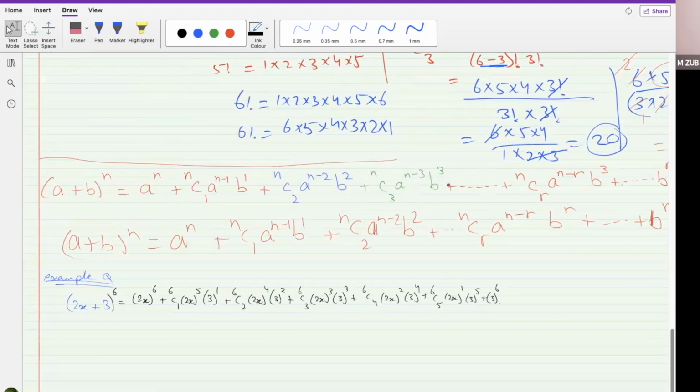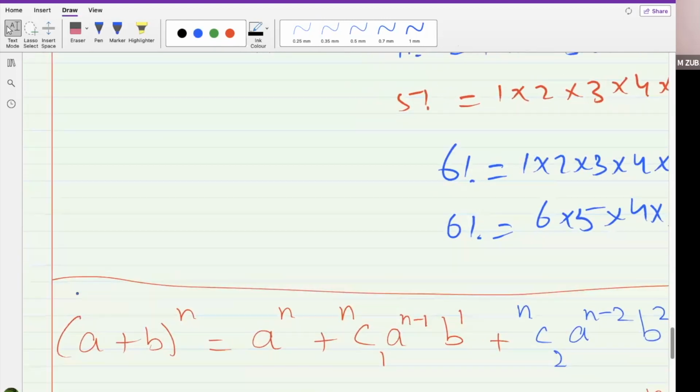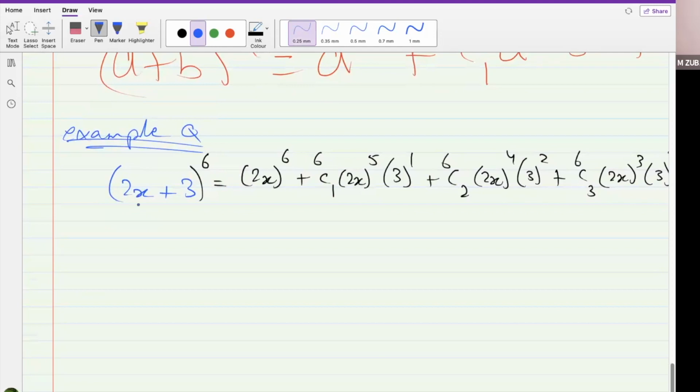So we just did that example. First 2x is a, then 3 is b.